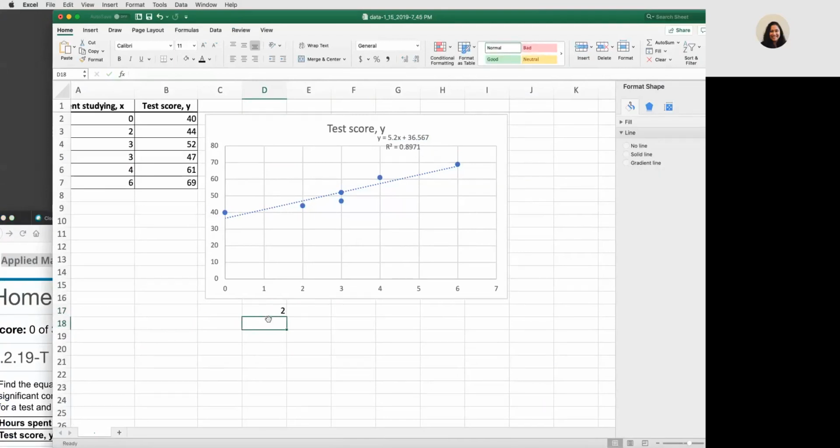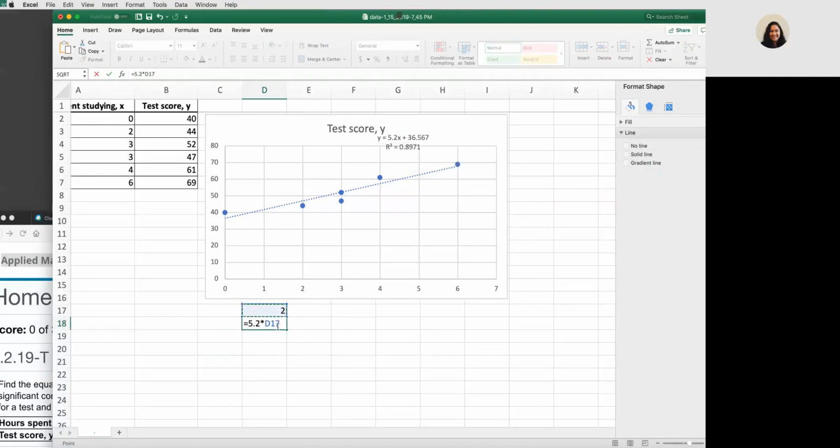Yes. Okay. So right under it, I'm going to hit equals to give it a mathematical command, and come over here and type the regression. So I'm going to have 5.2 times, and then I'm going to click on this square, because that square is where the 2 is. Your x value is a 2.